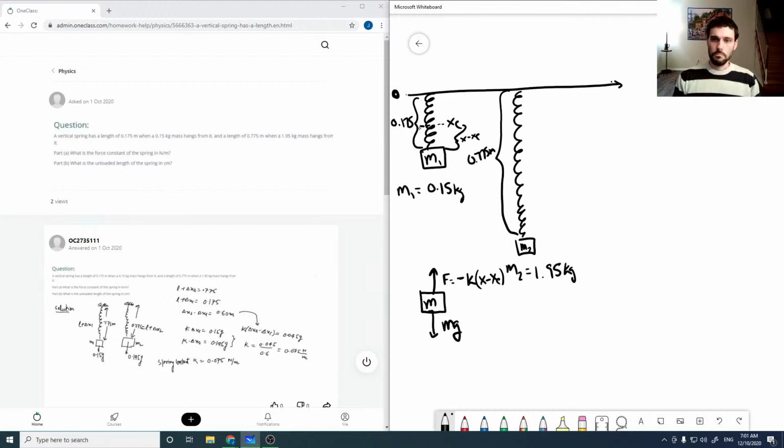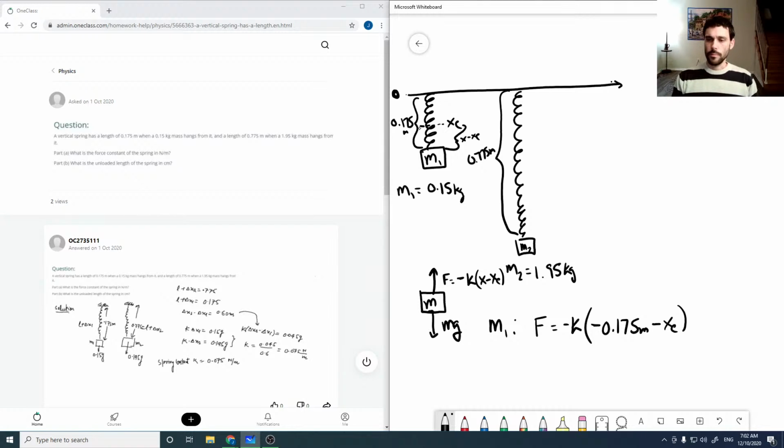But we don't really need to worry about that. And we want to keep all of our units in properly here, right? So for M1, our force is minus k, and I should have put meters there, but that's okay. So our full distance is minus 0.175 meters. And xe, we can just leave it as minus xe and let the sign take care of itself.